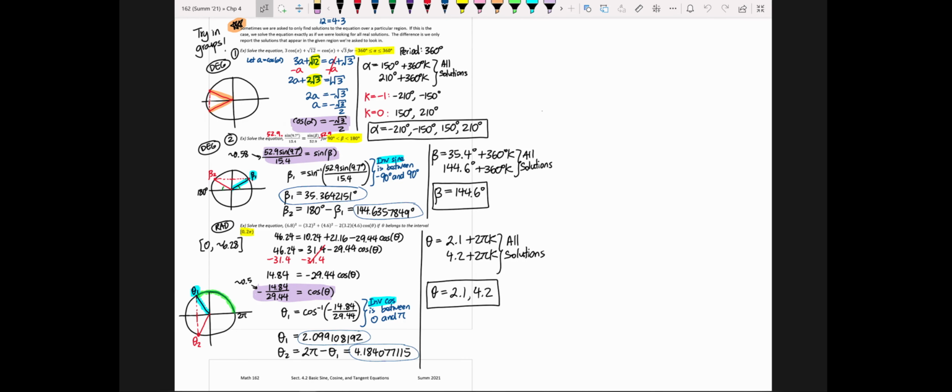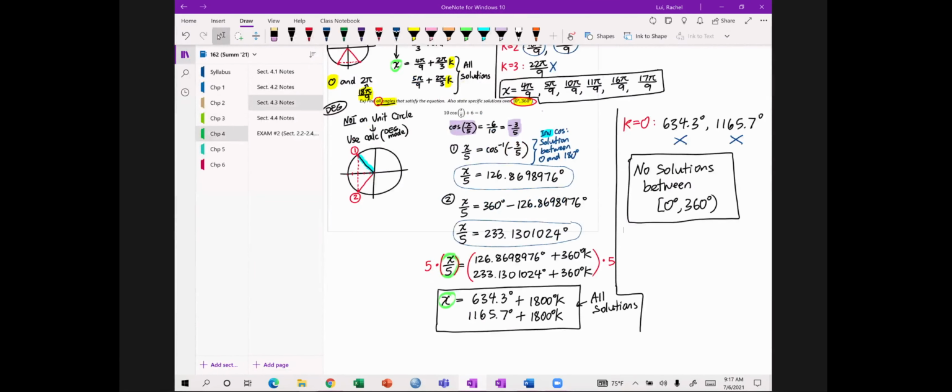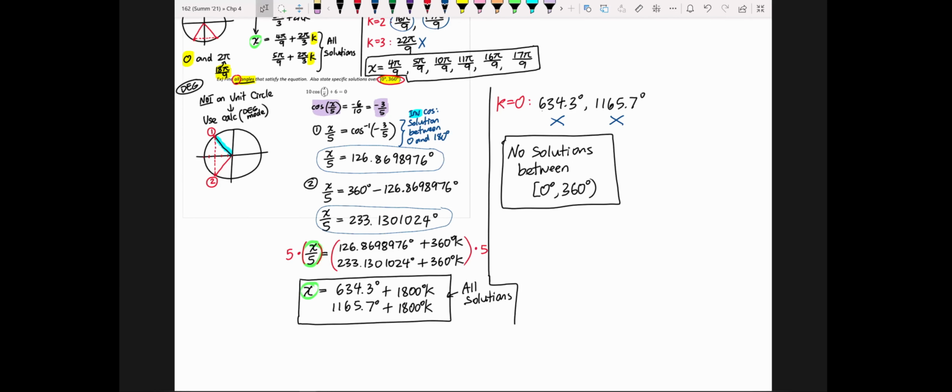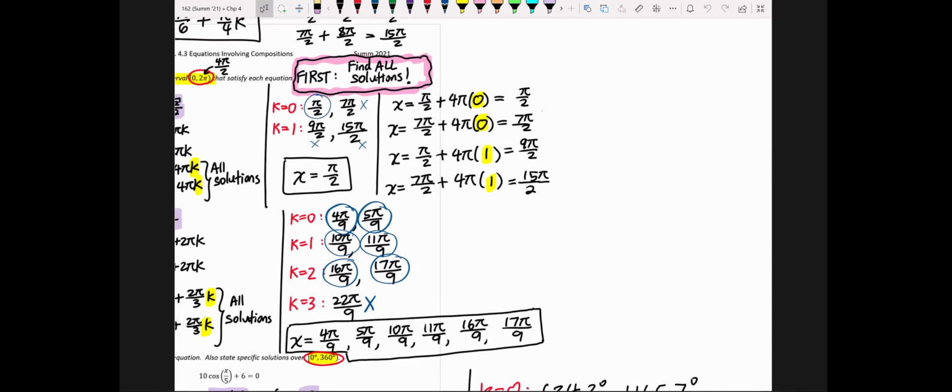So that's going to be even more important in 4.3, that we start by getting all solutions for x, and then look for specified solutions. So I boxed here in pink: first, find all solutions, and then proceed on to get the specified solutions.